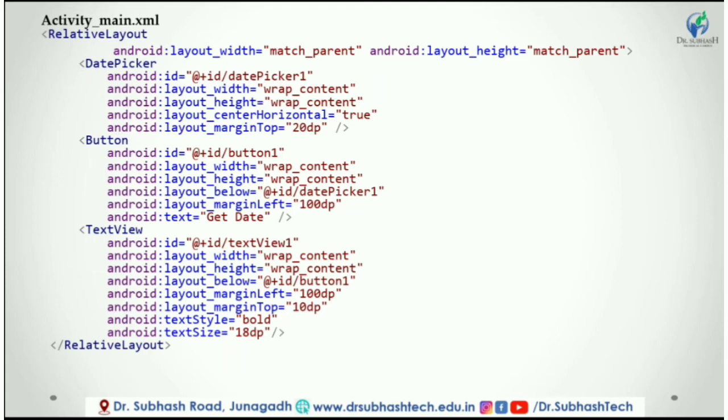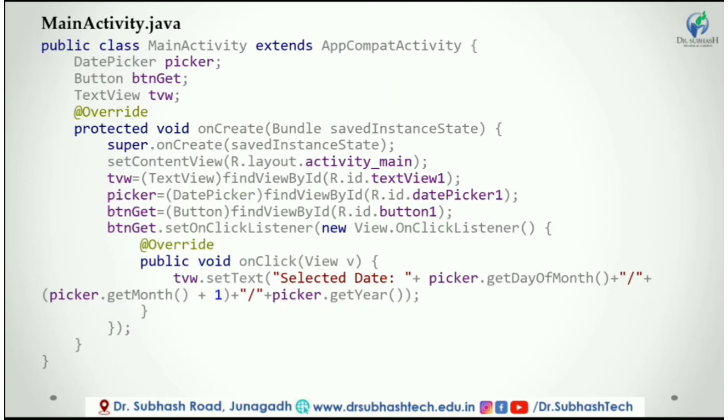And now we create a sample example of date picker. The relative layout contains a date picker, a button and a text view. In the date picker, we will select a date and after the button click, the text will display the selected date. In the main activity, first of all, we have to bind the XML components to Java objects: text view, button and date picker.